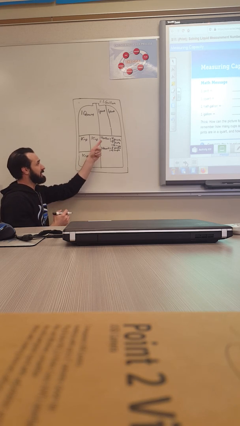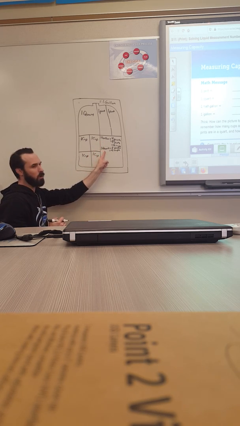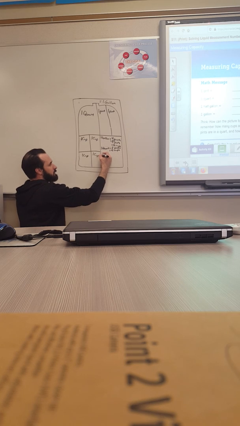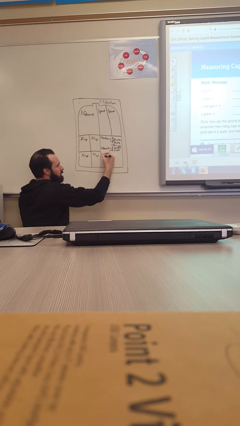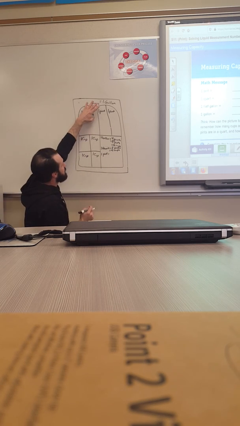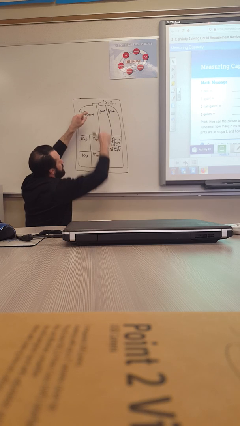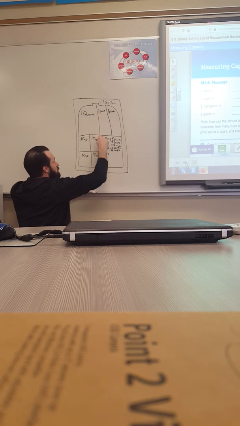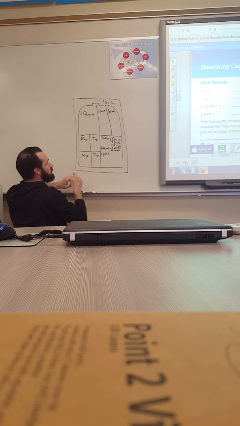Now we've done our gallons and our quart. Let's do a pint. 1 pint equals, well, take a look at this. Half of a quart is a pint. This right here is your pint. How many cups would be in 1 pint?